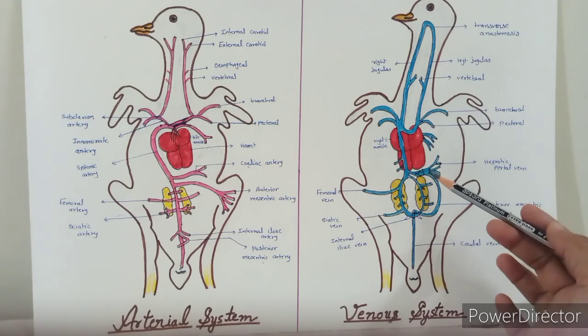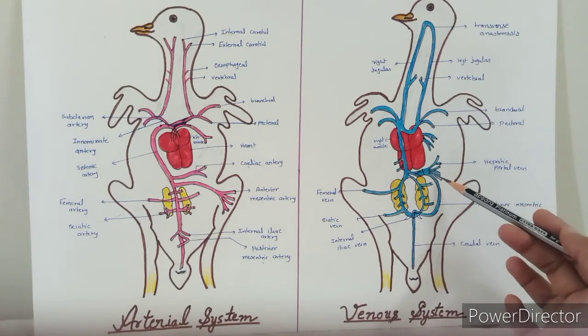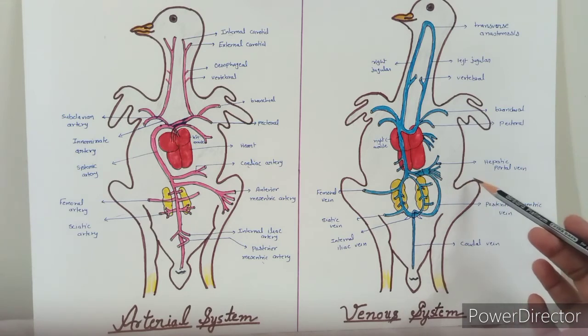Then second, we talk about the hepatic portal system. This is the hepatic portal system. The posterior mesenteric vein collects from the whole digestive system.